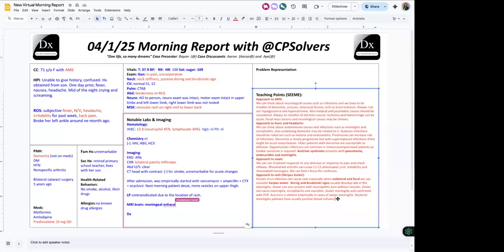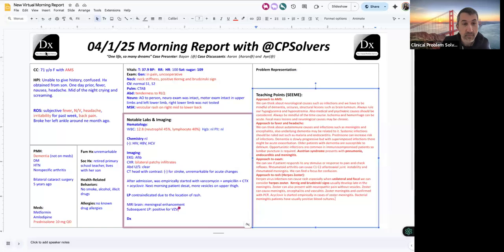Eventually, the lesions over her back did crust, and at that point, dermatology said that it was safe for a lumbar puncture. And so they did proceed with a lumbar puncture, which was positive for varicella zoster. And her final diagnosis was disseminated varicella zoster, probably thought to be due to her elderly age as well as the immunocompromised state she was in due to the long course of steroids that she was on.